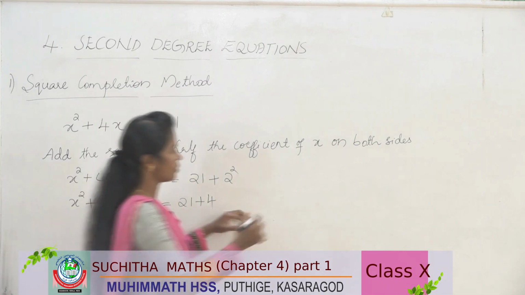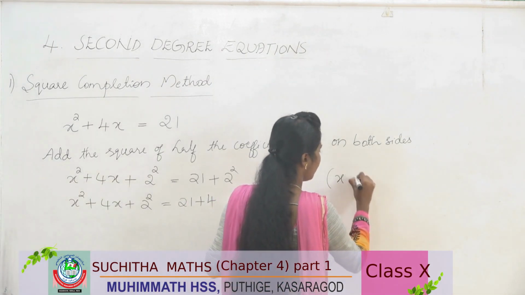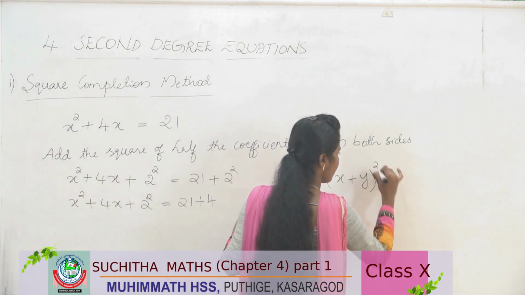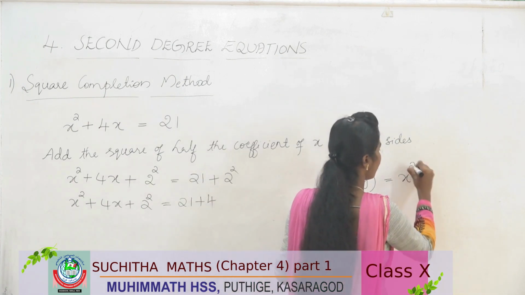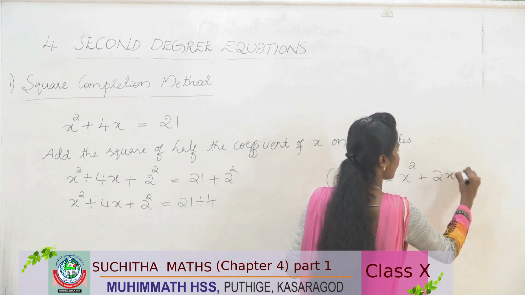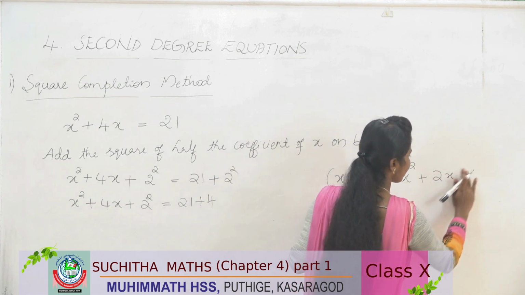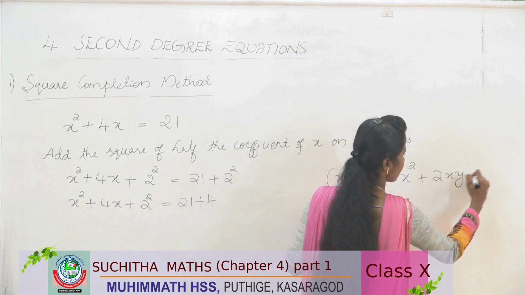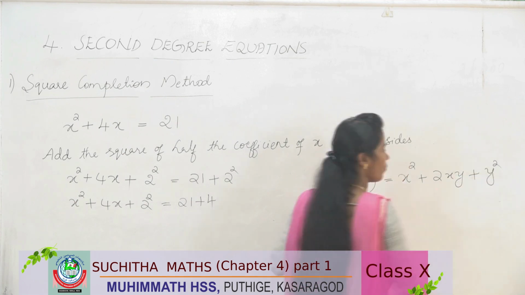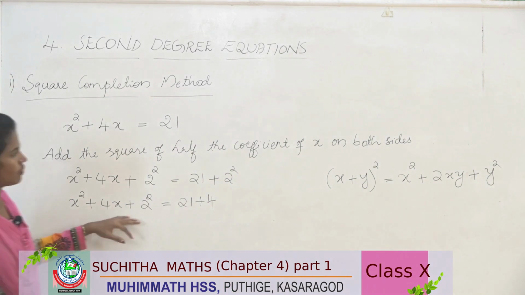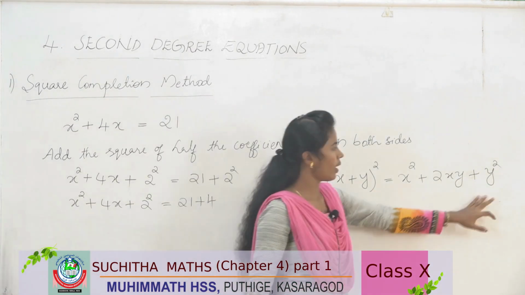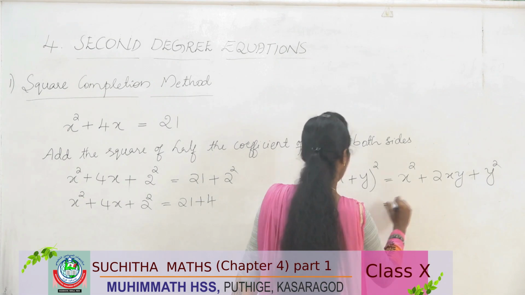Now we studied about x plus y whole square. What is x plus y whole square? That is x square plus 2xy plus y square. Now listen, this equation is in the form x square plus 2xy plus y square.